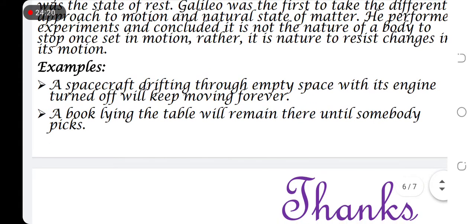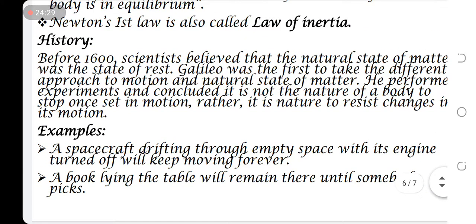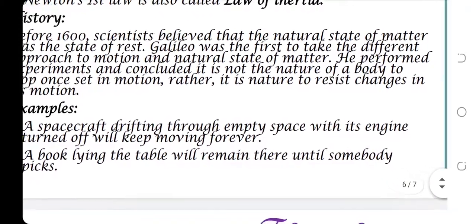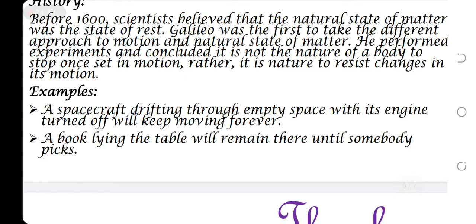So, many examples are available in daily life. A spacecraft drifting through the empty space with its engine turned off will keep moving forever.